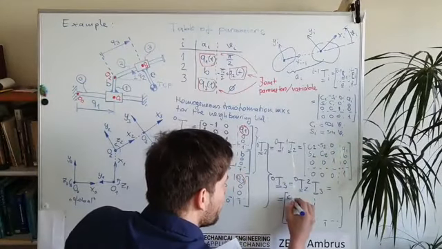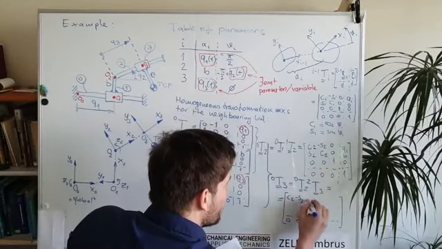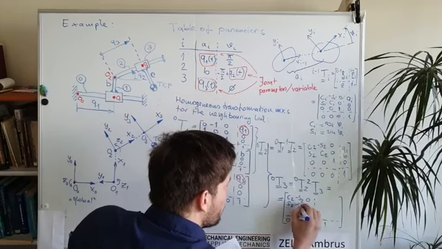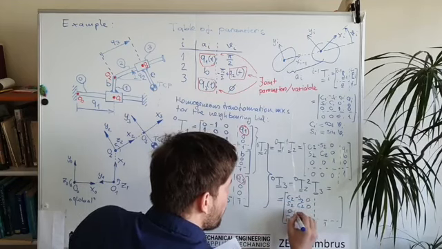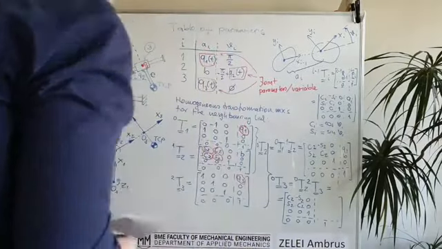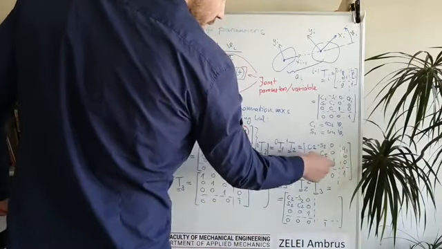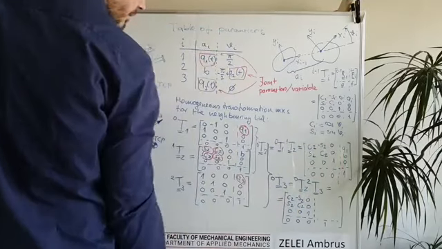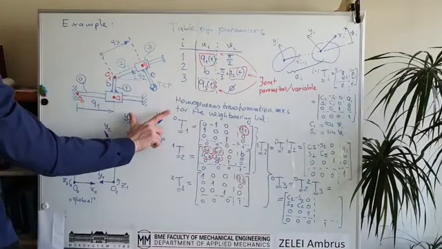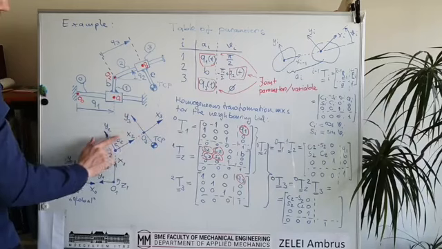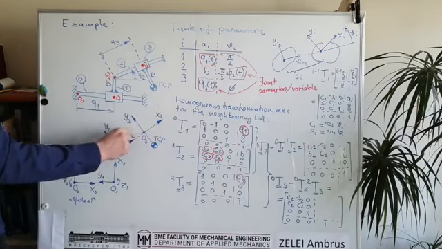So the physical meaning is that the two rotations of the second and the third coordinate frame are equal to each other.